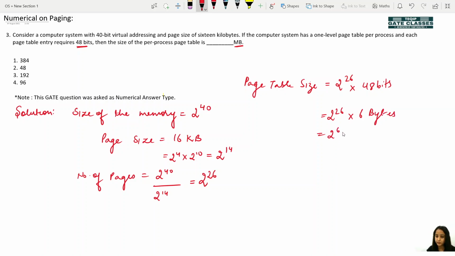So it will be 2 raised to power 6 into 6 into 2 raised to power 20. When you multiply this, it comes out to be 384 MB. 2 raised to power 20 is 1M. So the answer is 384.